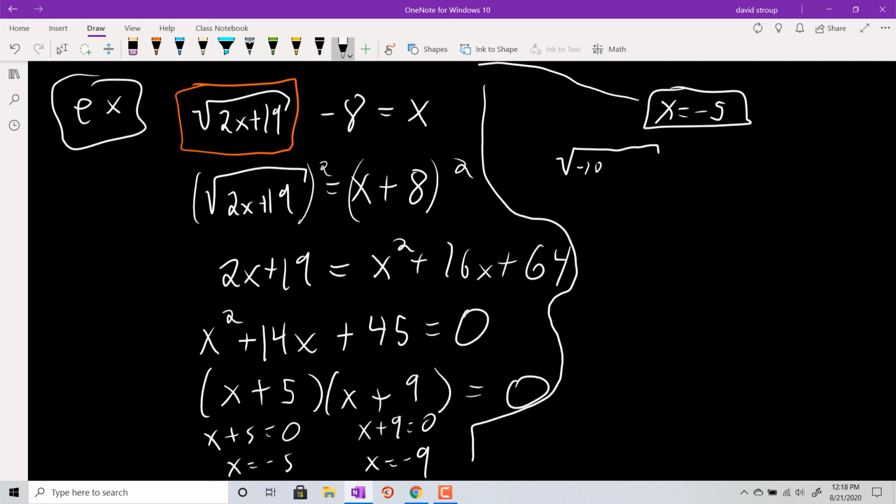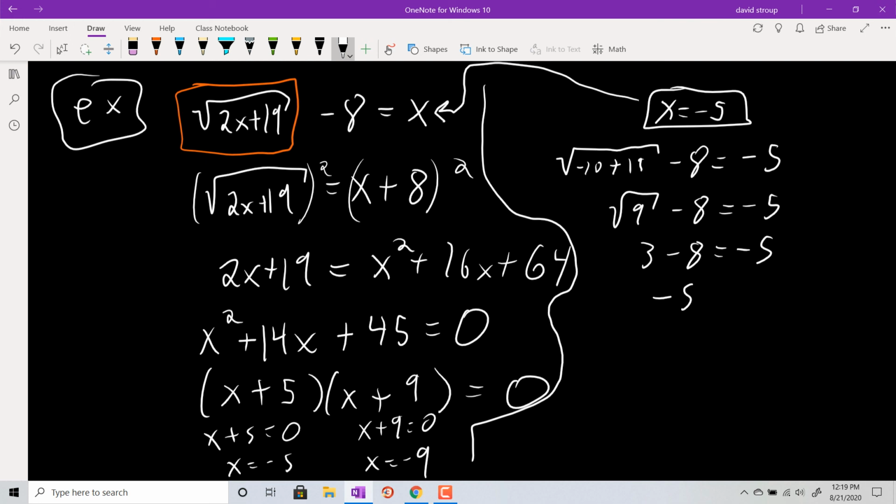I'm plugging everything back into this equation here. Plus 19, and then minus 8 equals -5. -10 plus 19 is 9. Square root of 9 is 3, minus 8 is -5. And it worked. So that one is good to go.